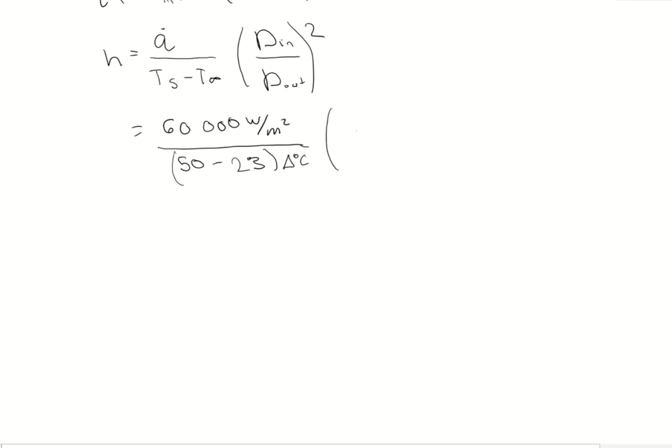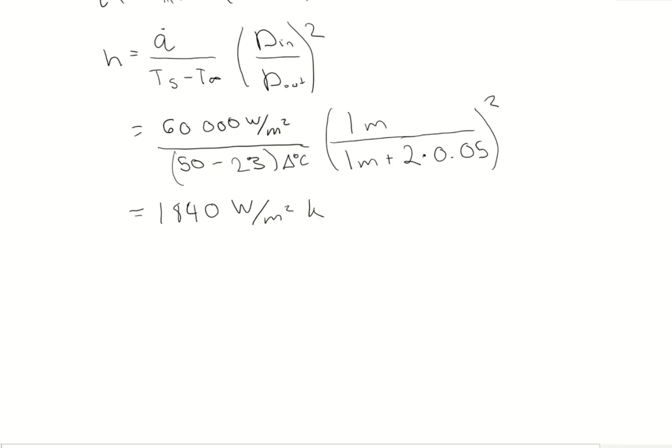Then our inner diameter was 1 meter, and our outer diameter is going to be 1 meter plus 2 times the thickness because we're dealing with diameter, squared, which is 1840 watts per meter squared Kelvin.